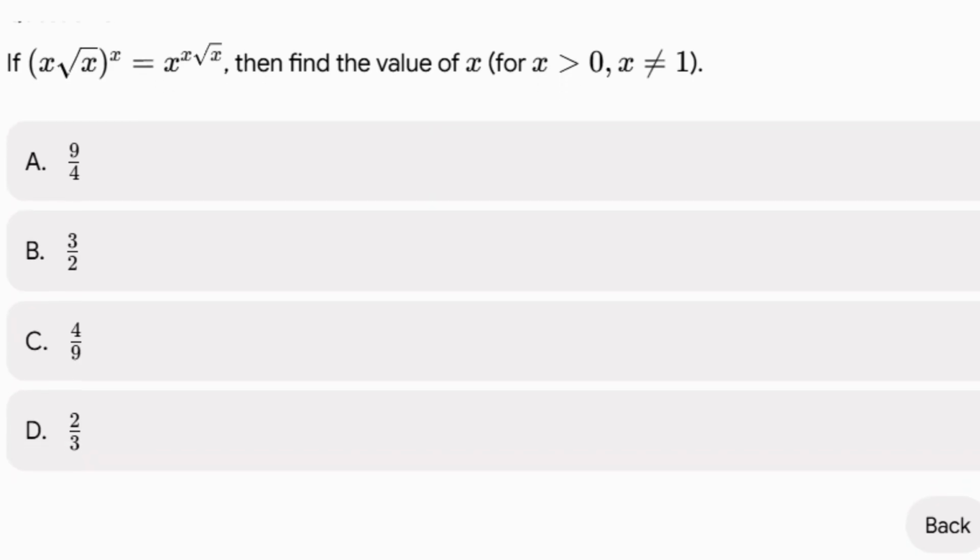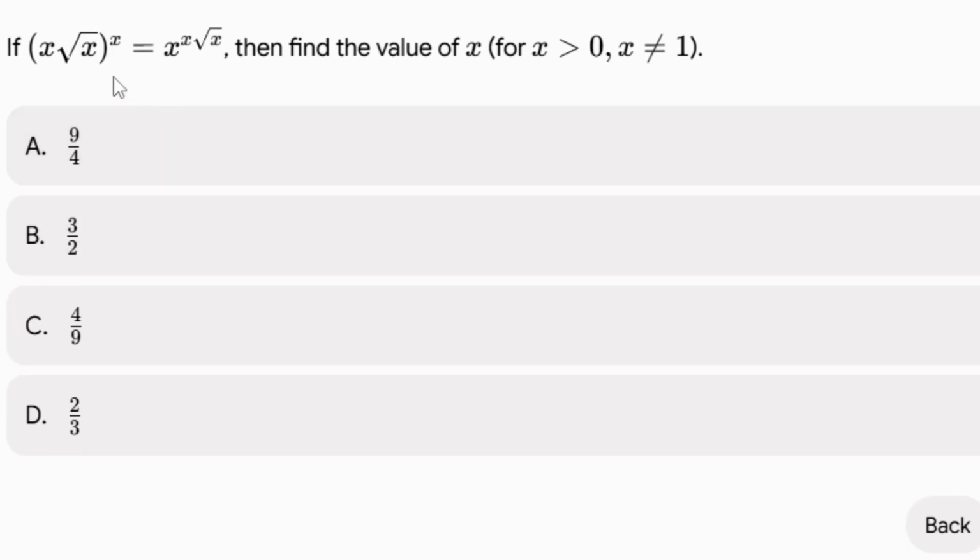Next problem. (x root x) whole power x equals x power (x root x). Then find the value of x. x root x means x power 3 by 2, whole power x equals x power (x root x), where x root x means x power 3 by 2.